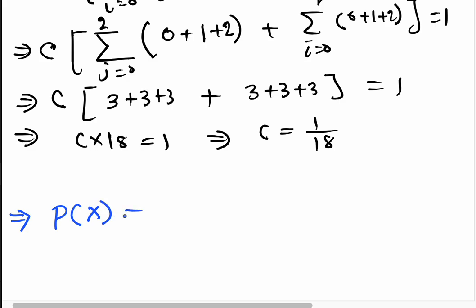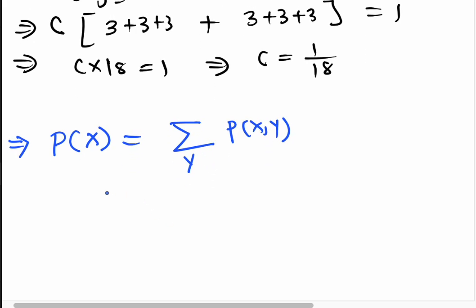So this is nothing but the summation over y of p(x, y). Here y, or j, can take values 0 to 2, of c(i plus j).